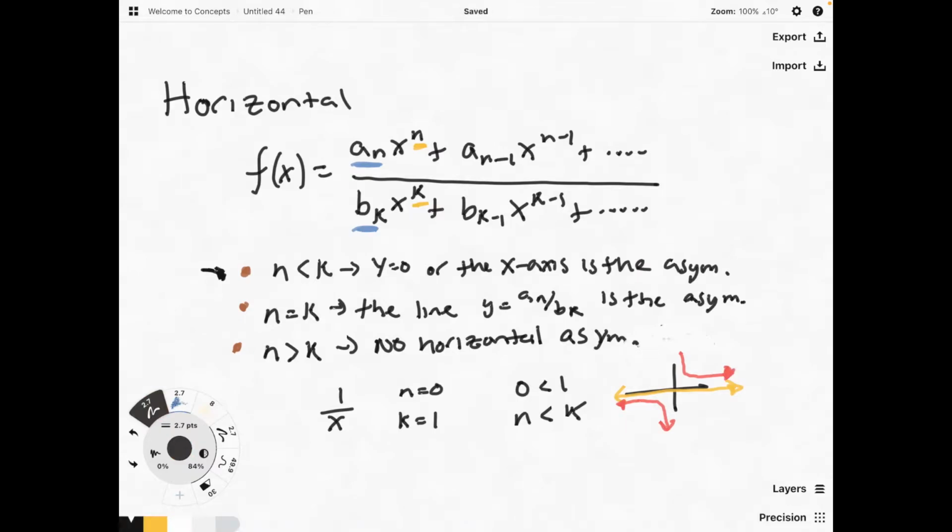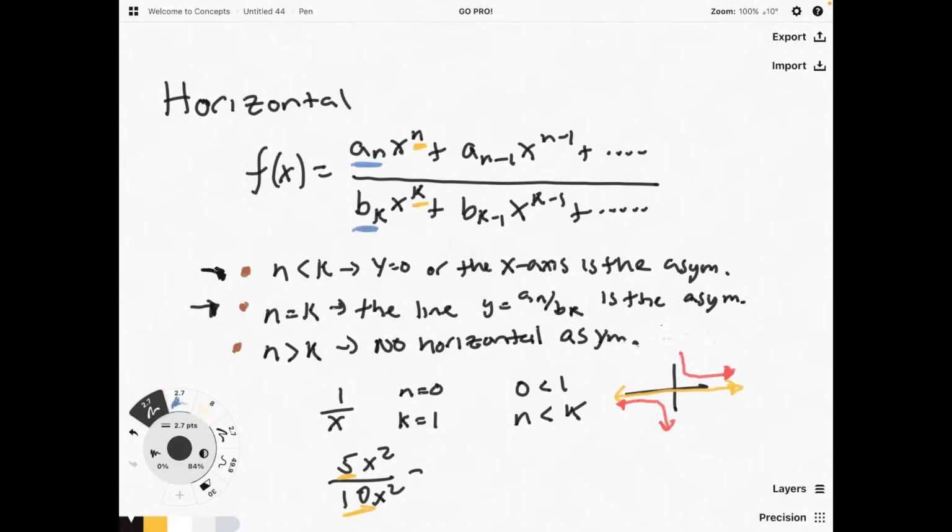Looking at our next rule, we need to understand when n is equal to k. If we have 5x squared over 10x squared, then we know that the line y equals an, the leading coefficient, divided by bk, the leading coefficient in the denominator, and that's going to be our line.